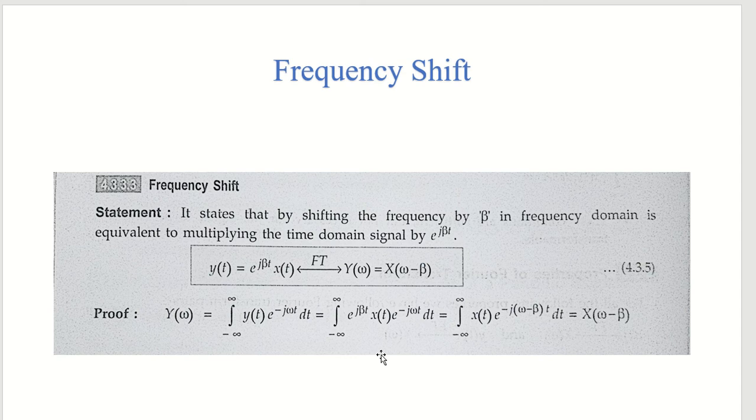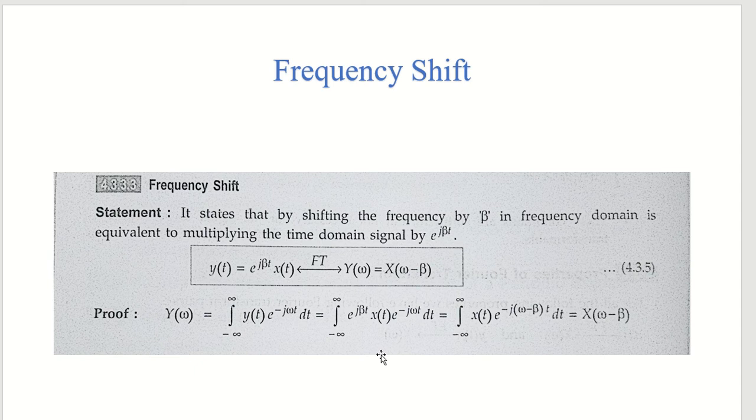Okay, so in a way you can say it is the complementary property to time shift, or the kind of reverse property of time shift. So it indicates that by shifting frequency by beta in the frequency domain, you get the equivalent effect as multiplying the time domain by e raised to j beta t.